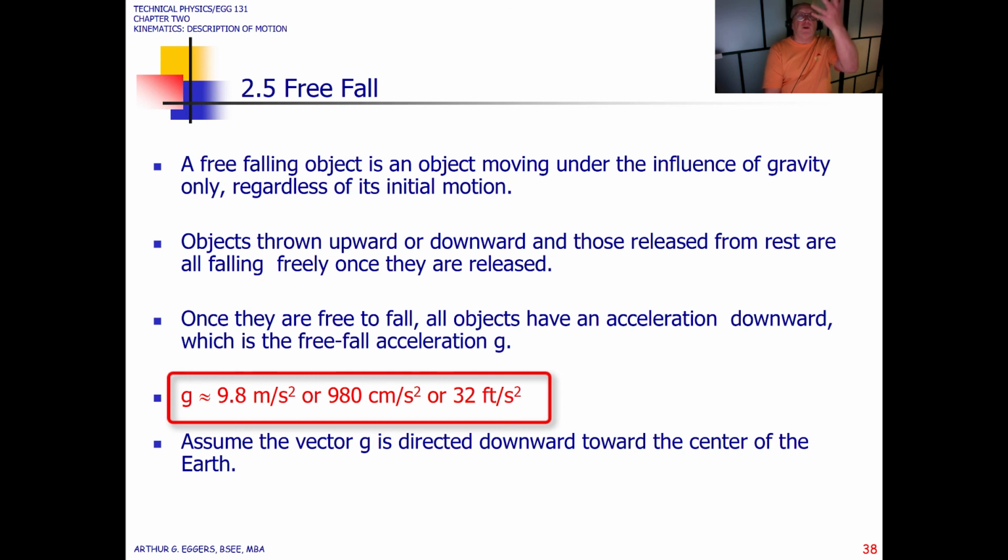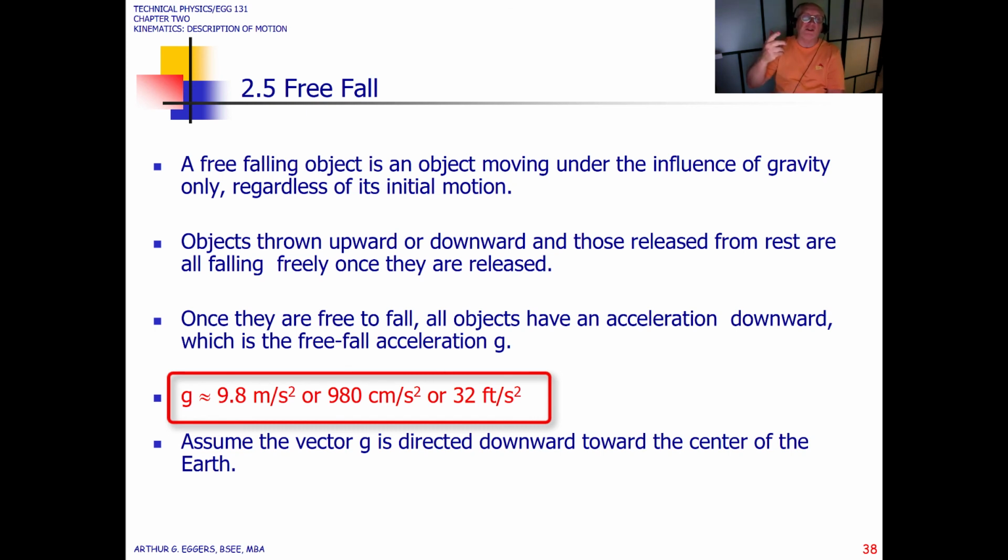Objects thrown upward or downward and those released from rest are free falling once they are released. Once they are in free fall, all objects do have an acceleration downward, which is the free fall acceleration, as I just stated, 9.8 meters per second squared. Even if you throw the ball up in the air, gravity is acting on it as a constant acceleration, trying to pull it back down.